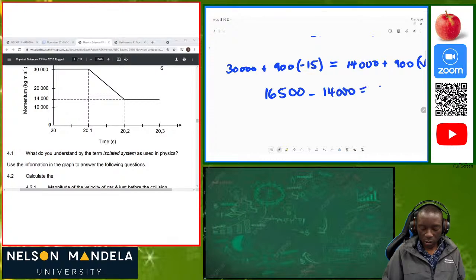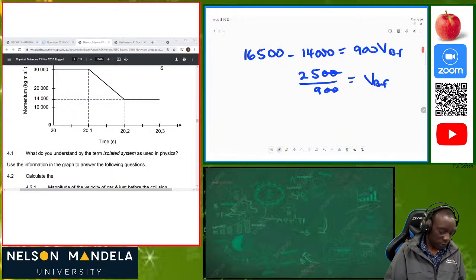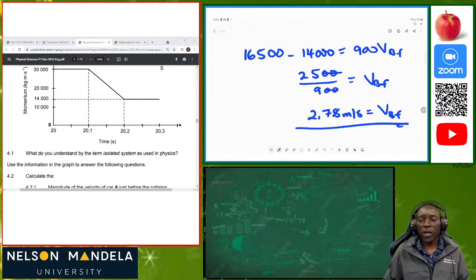That's 2,500 over 900 equals VB final. 25 divided by 9 is 2.78. 2.78 meters per second equals the final velocity of B after collision.